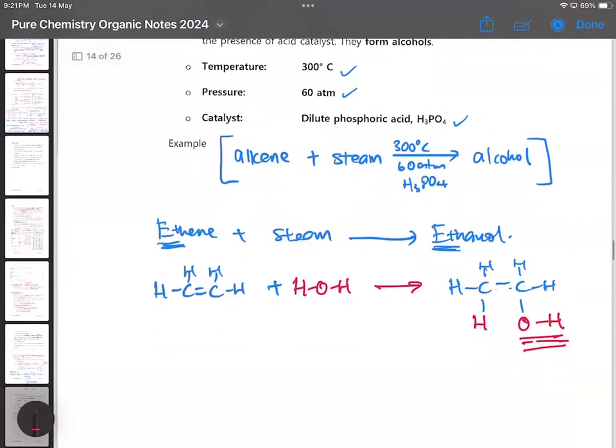So you turn it into an alcohol. So formula-wise, C2H4 plus H2O, and you get C2H5OH.